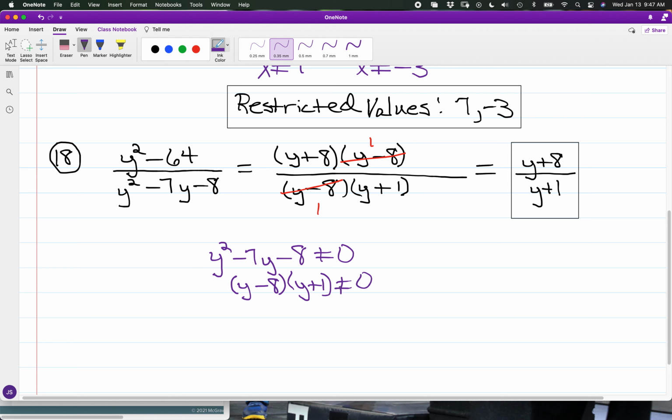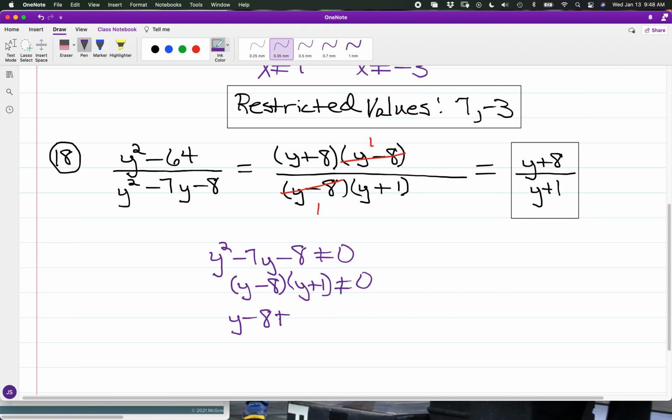And let me mention that because y minus 8 cancels out in the simplifying process, it does not undo the restriction that is created by y minus 8, because even though we have simplifying, you're still looking at the conditions imposed upon the original form, the original form only, nothing that follows. So again, we're keeping y squared minus 7y minus 8 from being 0, regardless of what factors are reducible or cancelable or not.